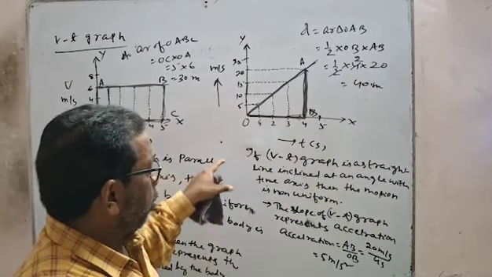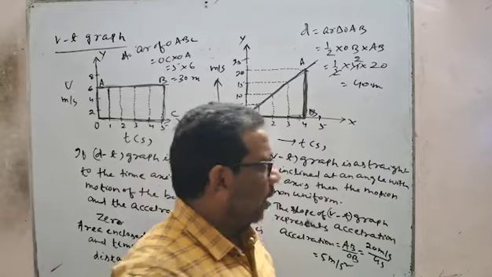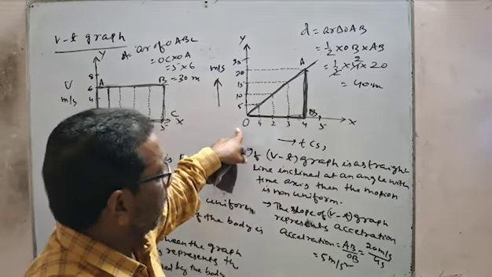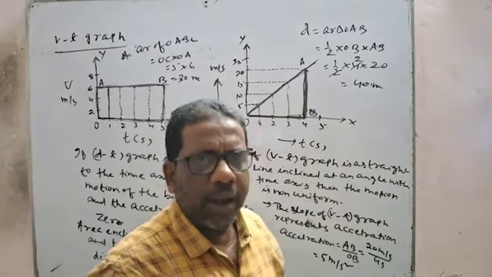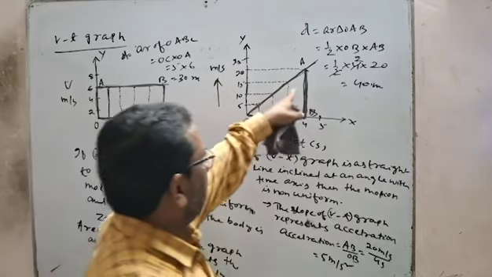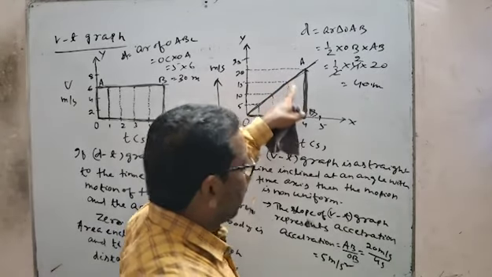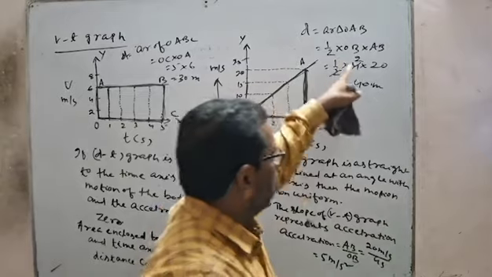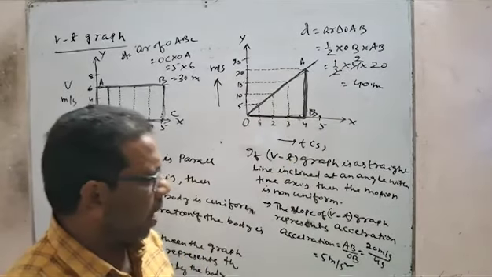Now, you have to know these 2 points: the slope of the Vt graph represents acceleration, and if we find the area between the graph and the time axis, then we will get the distance covered by the body.